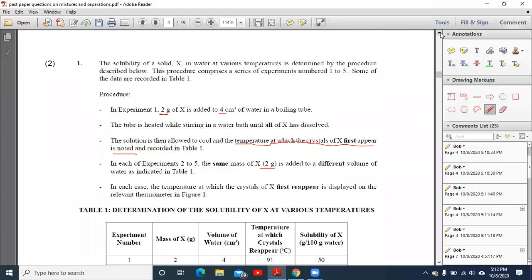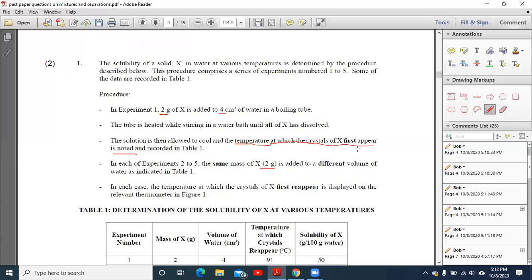One important thing to note, and it's something that is recurring in past paper questions for solubility in chemistry, is this temperature at which crystals first start to appear and what it means. Understanding what it means is key to understanding the question itself and how to approach the question.